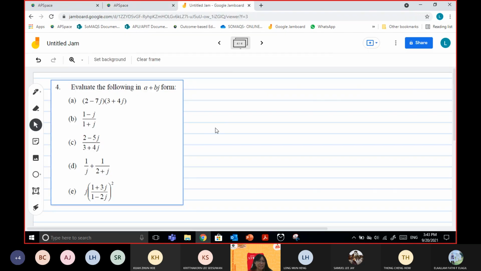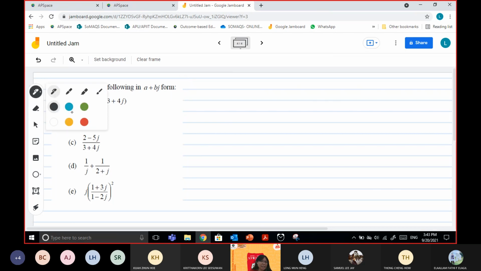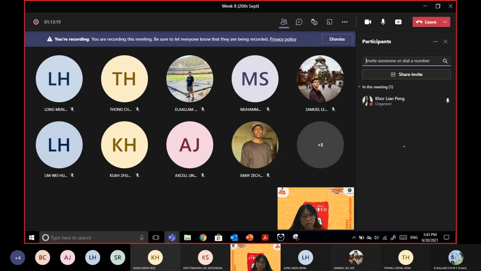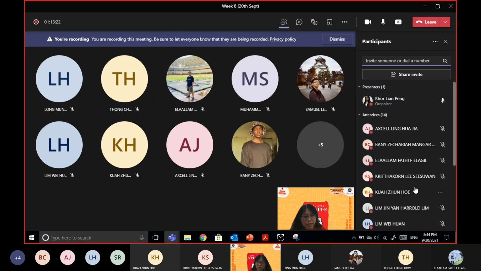Next one is number 4. It's still dealing with the operation. So I think the first 3 will be the basic ones. Can I ask for the solution for these 3 questions? Okay, then before I proceed to D and E, I think Kritakon hasn't finished the question.